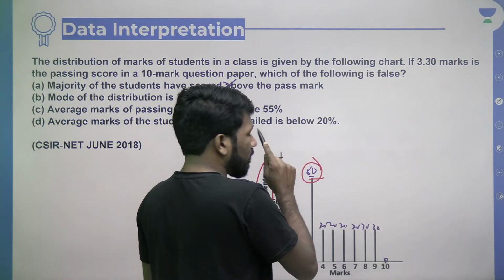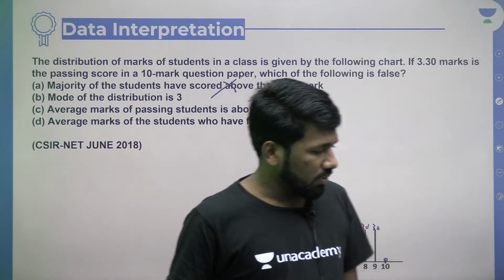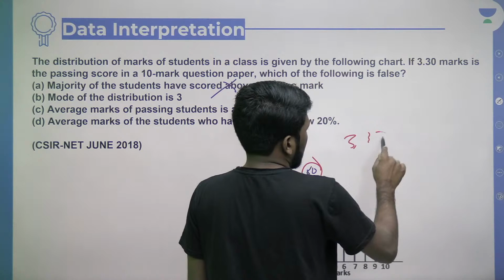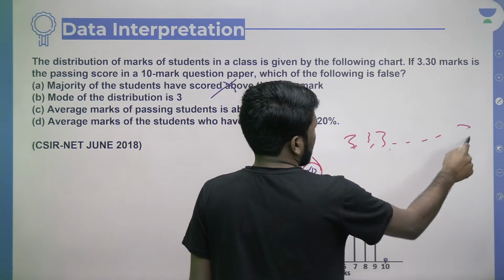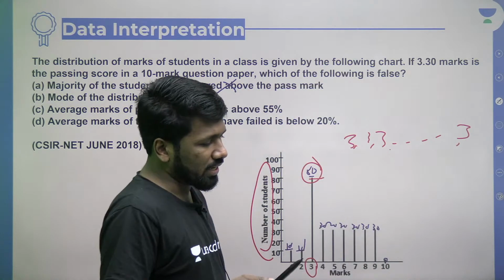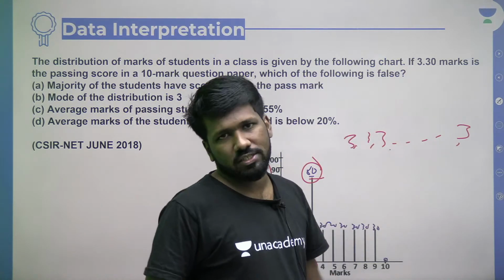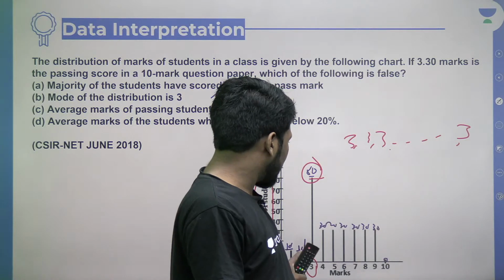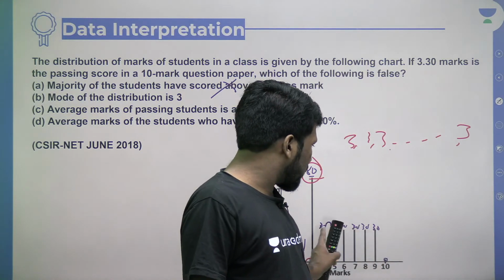The number of students is on the y-axis. The meaning of this being 80 is 3, 3, 3, 3, 3, likewise written 80 times. There are 280 marks. If you are writing it as a list, you need to write 3 eighty times, and for the other values you need to write at most 30 times.